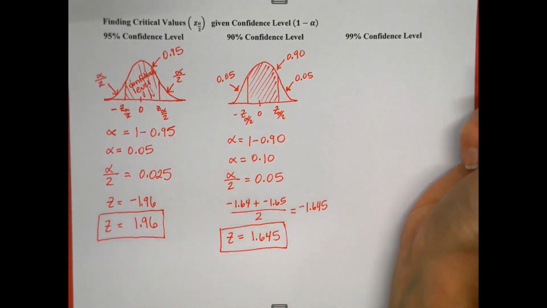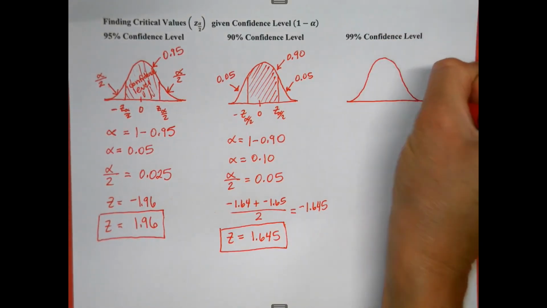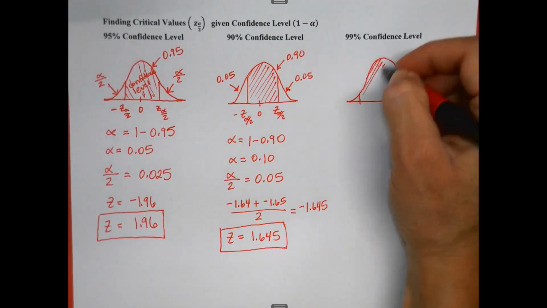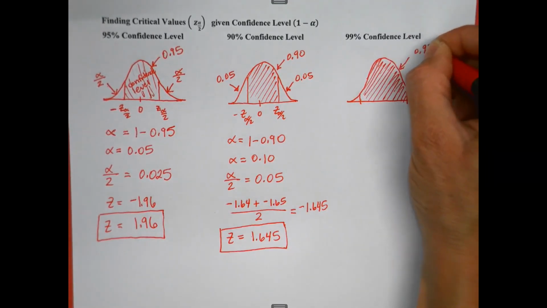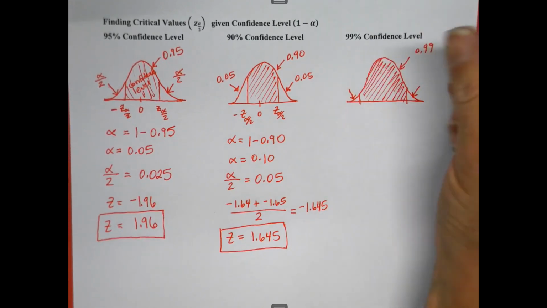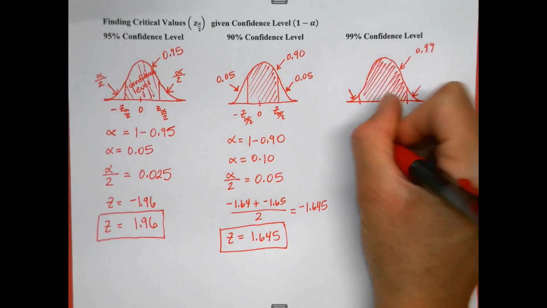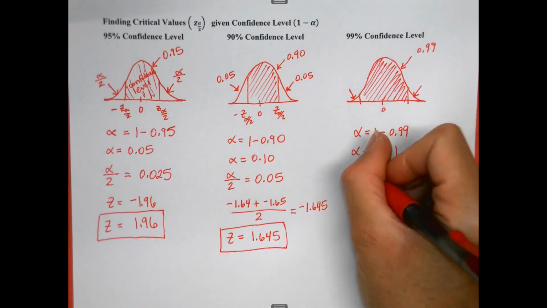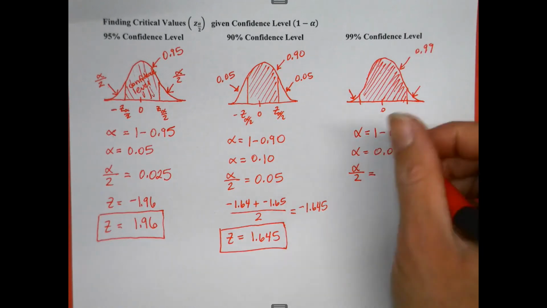And then for 99% confidence, the same thing. We just have a wider interval here where this is 0.99. And then this little piece and this little piece are going to be our alpha divided by 2. So in this one, our alpha is 0.01. So alpha divided by 2 is going to be 0.005.